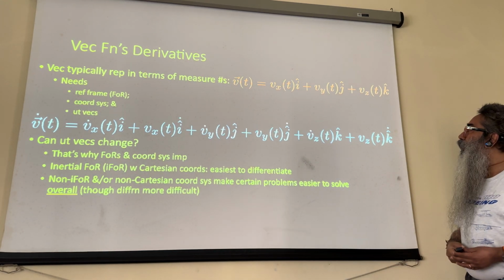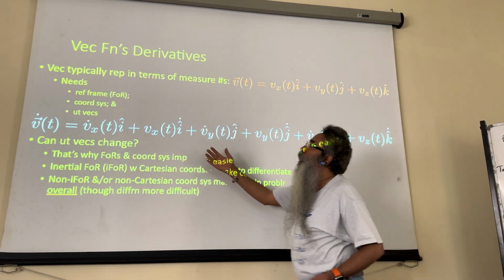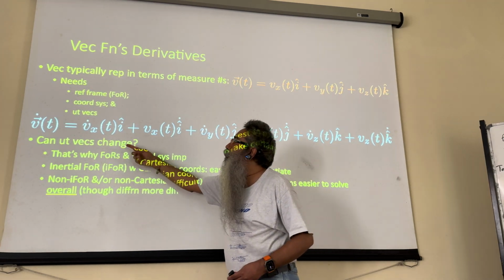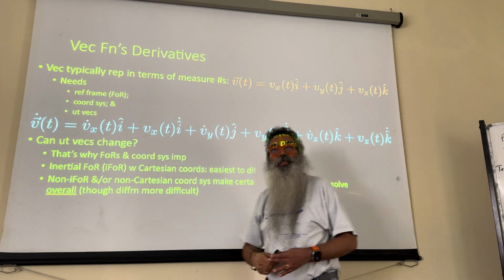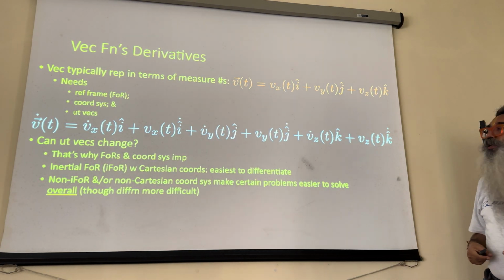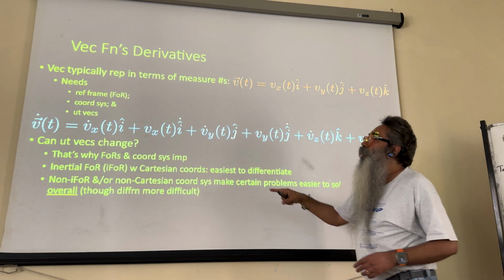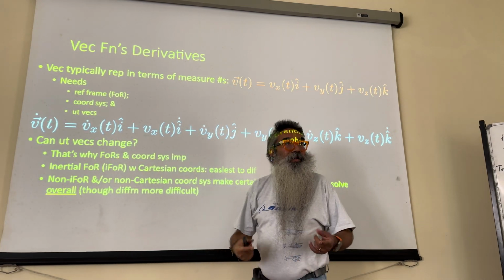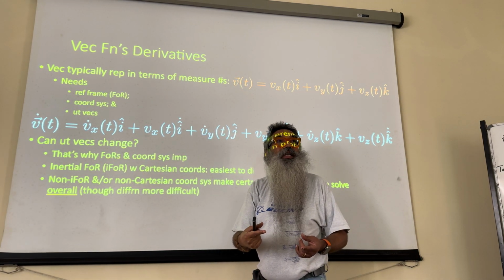So whether this term will be non-zero or just trivially go to zero, of course, there are certain questions that are asked over here. Can these unit vectors change? Do we really need this I dot, J dot and K dot? So, which is why you have to mention the frame of reference. Right now I was talking about a frame of reference which is aircraft fixed.